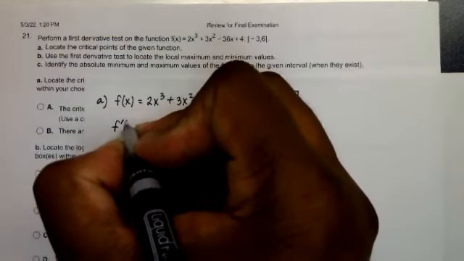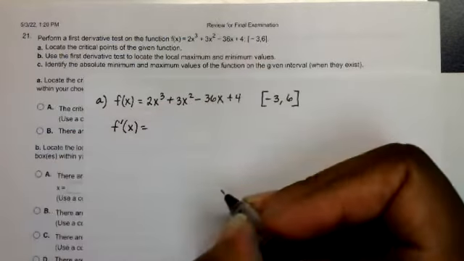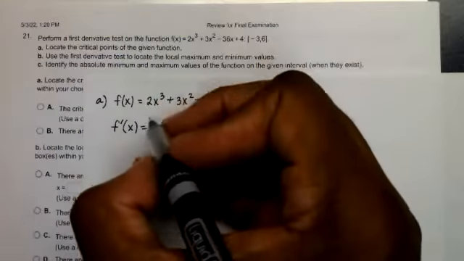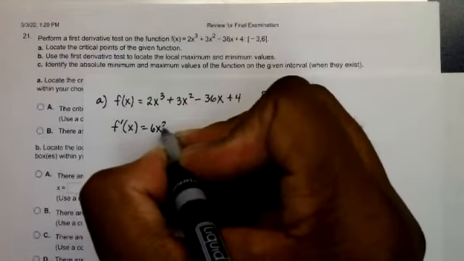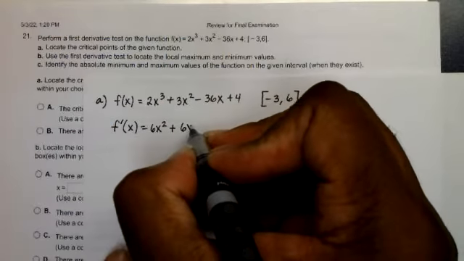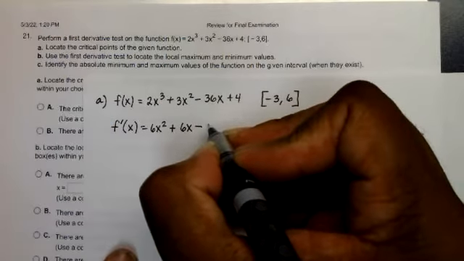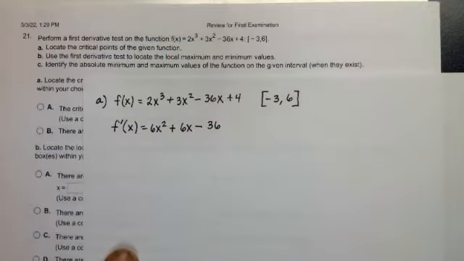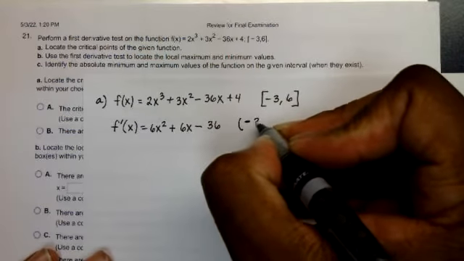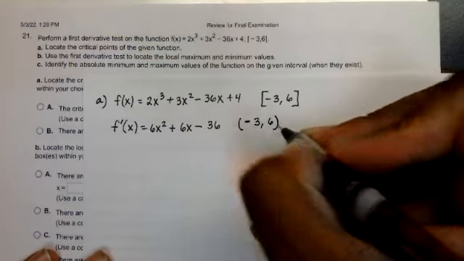F prime of x will be the derivative of 2x cubed, that's 6x squared, plus the derivative of 3x squared, which is 6x, minus the derivative of 36x, which is 36. The derivative of a constant is 0, so that's what f prime of x is. This is differentiable on the open interval, -3 to 6.